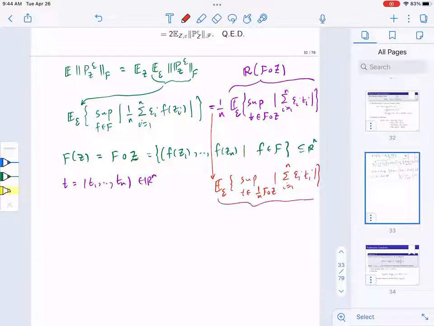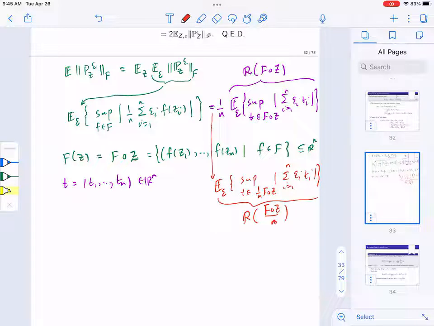By the notation we're going to introduce, this is F∘z over n, a subset of R^n. The rescaling of the set just comes out because of linearity. That's the notation I'm going to use, and we'll focus on quantities like this first to understand them better.